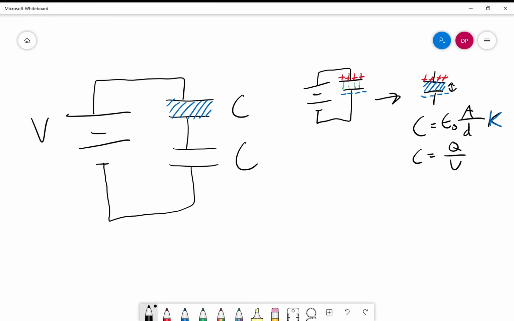So how do we address this? Well, these capacitors are in series. So let's take a look at what the equivalent capacitance would be for a series circuit. I'm going to put an S for series. This would look something like this, where you would invert the capacitance of each of the two, add that together, and then reinvert that.